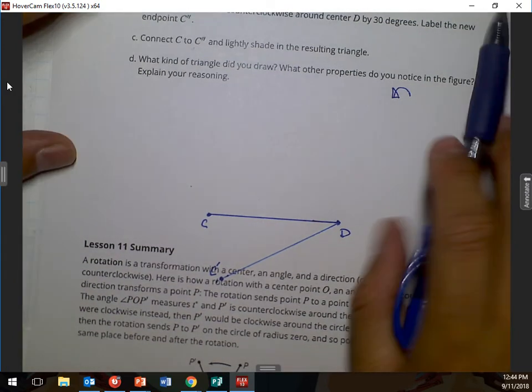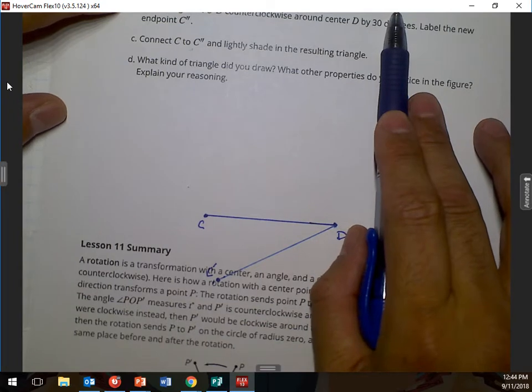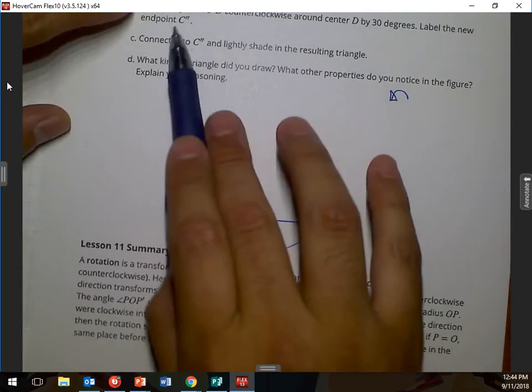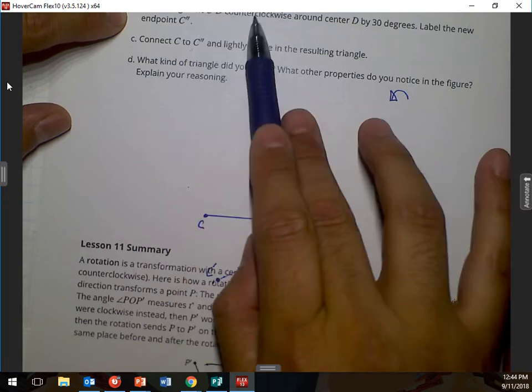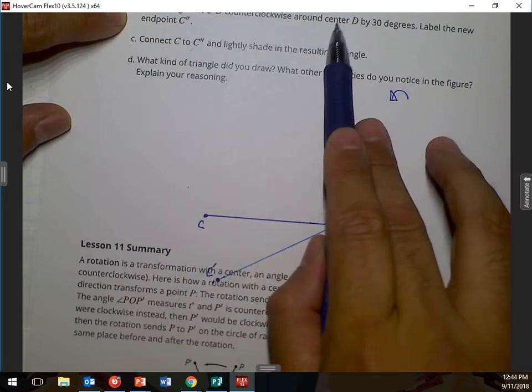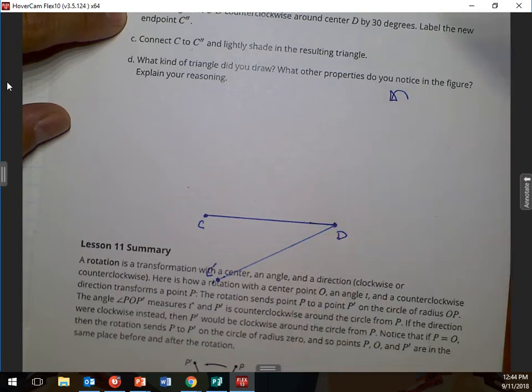Now, listen up. Rotate segment C prime D counterclockwise around D, centered, another 30 degrees.